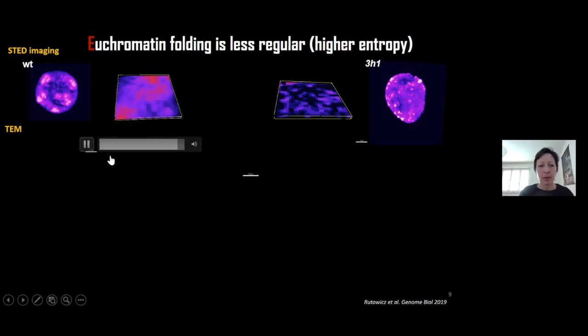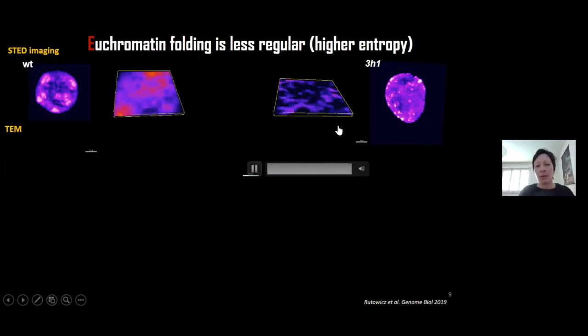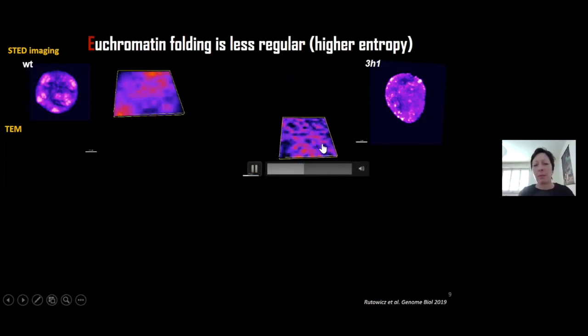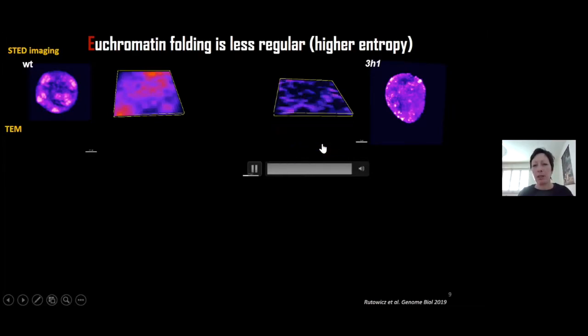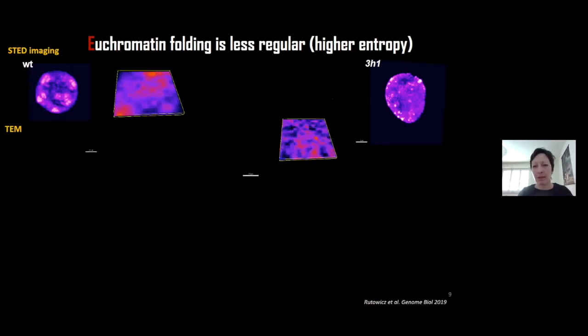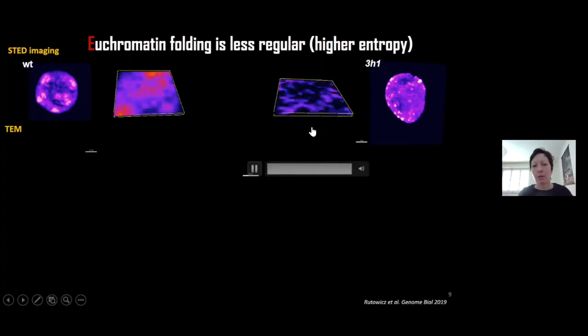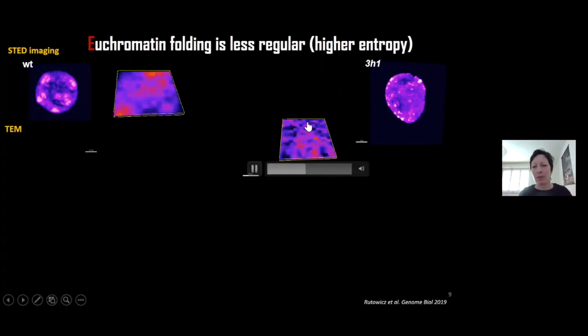For this, we looked a little more closely at the images that we produced by STED microscopy. What you see on this moving plane are zooms in euchromatin, and the glowing structures appearing are chromatin fibers.